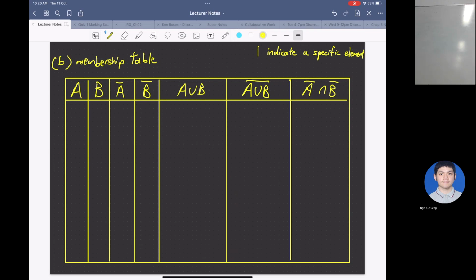So for example, we also have 1 1, 1 0, 0 1, 0 0 here. So let's see what the 1 1 is doing.